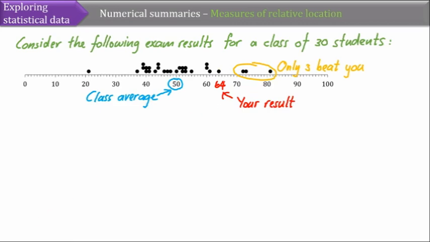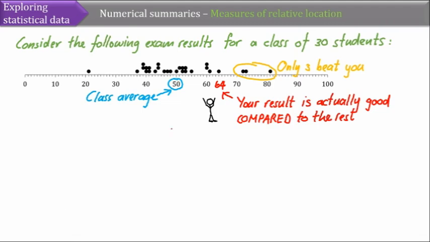So only 3 other people beat you in class. Comparing your result to the others, your result is actually quite good, because only 3 people got more than 64. In a class of 30, that means 26 others got below you.